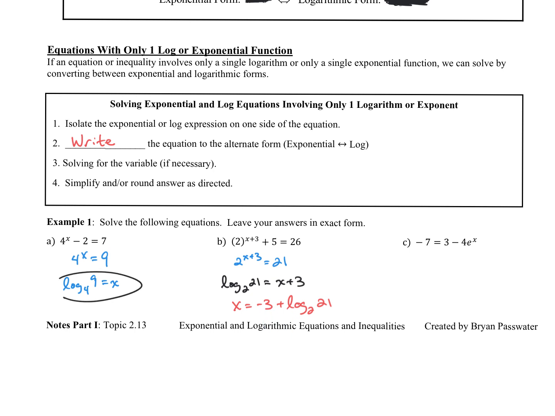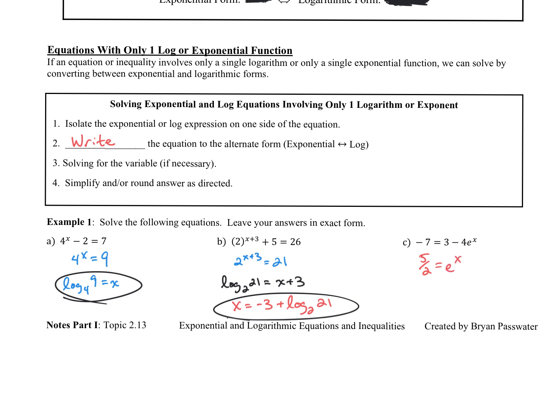On part C, what do we got to do first? We need to subtract 3. All right, and then what? Divide by negative 4. So negative 10 over negative 4 is what? 5 halves. So now we have 5 halves is equal to e to the x.